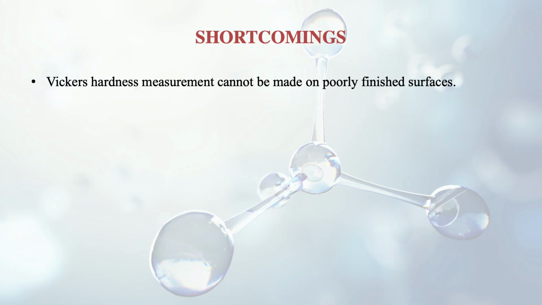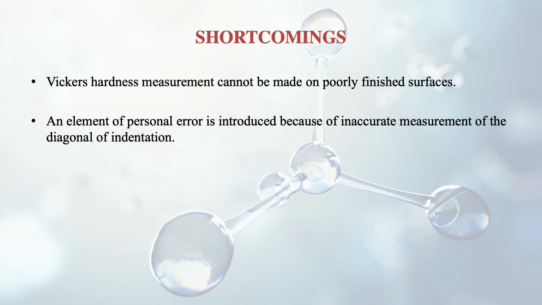Now some shortcomings of the Vickers hardness test. Vickers hardness measurement cannot be made on a poorly finished surface. So that means we need a very good finish on the surface for Vickers hardness measurement. An element of personal error is introduced because of inaccurate measurement of the diagonal of indentation. As you saw in that square, diagonals were there. So it is possible that we don't measure the diagonal in a proper manner, or the dimension is wrong.